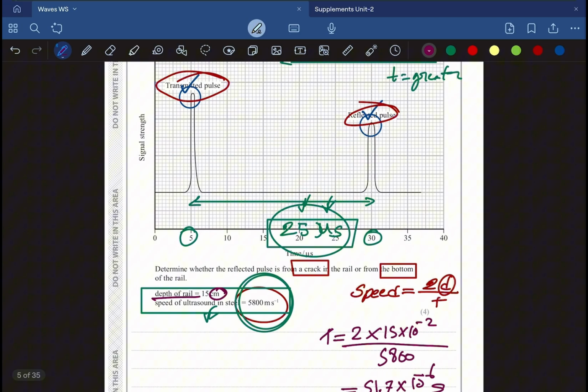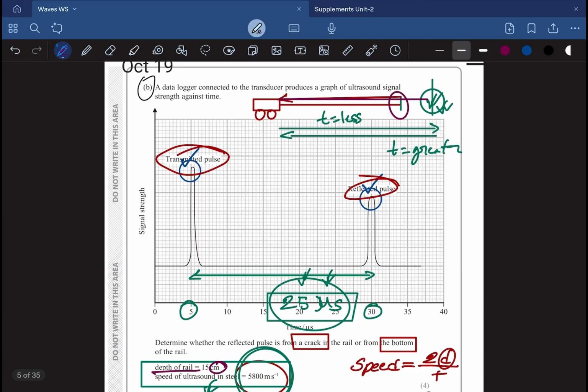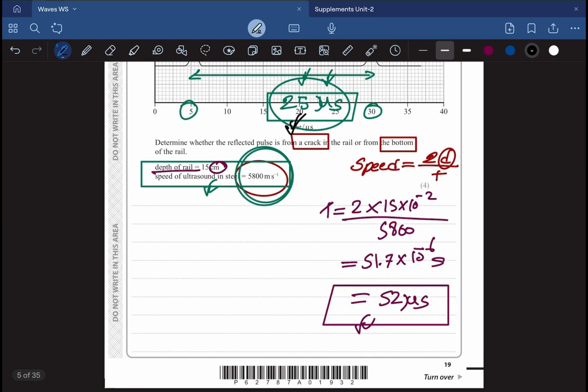This is the expected time that should be taken by the signal to go to the bottom and then come back. As this time is greater than the time it has actually taken, we can say it has actually come back from the crack.